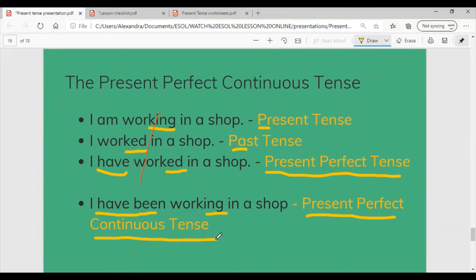Okay, so can you see the differences in what all these are? We've got the "ing" for the present tense, the "ed" for the past tense, and the "have" and the "ed" for the present perfect tense. So, "I have been working in a shop."